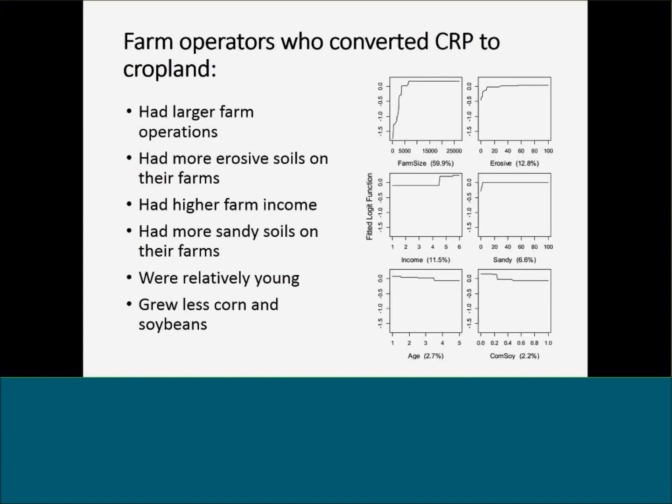When we look at operators who converted CRP to cropland, they also had larger farm operations, and that was a particularly important variable. They tended to have erosive soils, higher farm income, sandy soils, and again, they were relatively young, and they tended to grow less corn and soybeans.